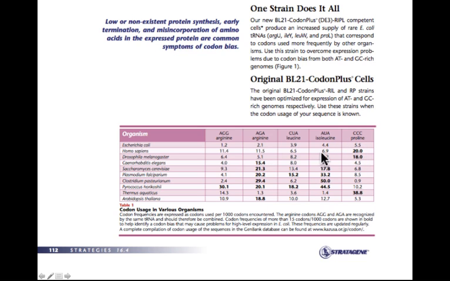Now, why this is a problem is if you try to express a human protein that's using lots of AGGs and CCCs, there simply won't be many of those transfer RNAs around because E. coli doesn't use them much, so it doesn't produce many of those transfer RNAs. So it would be very difficult to express human proteins that contain these particular codons.